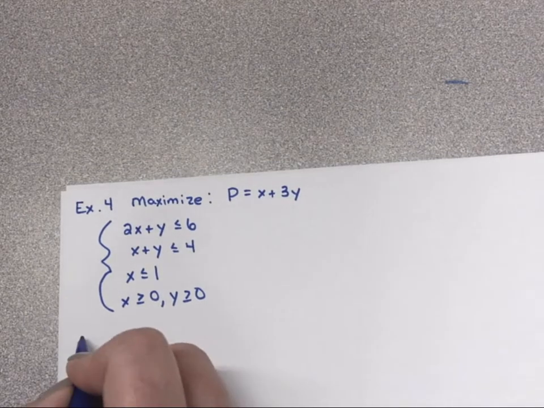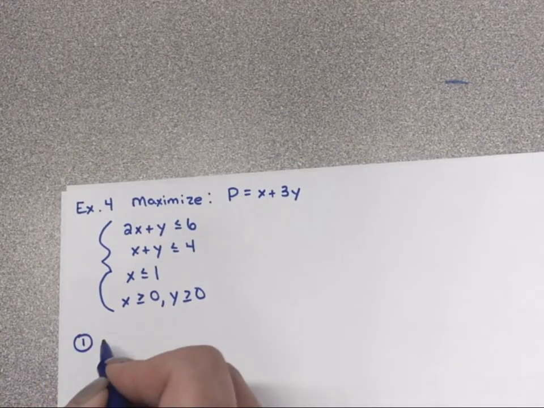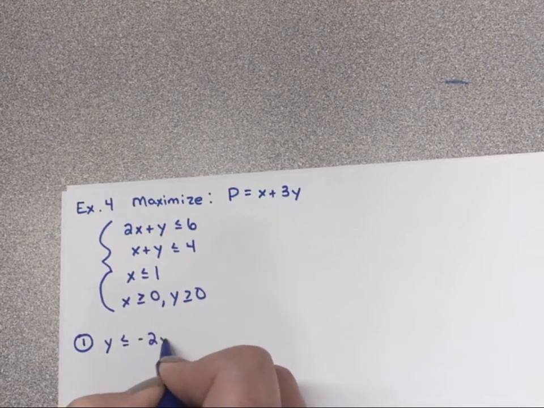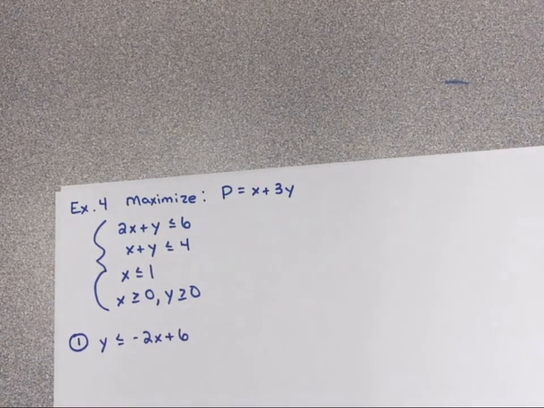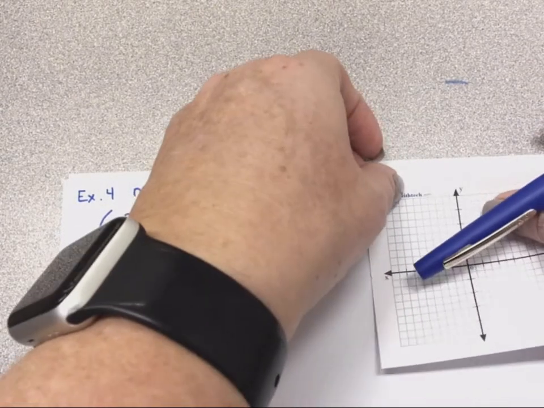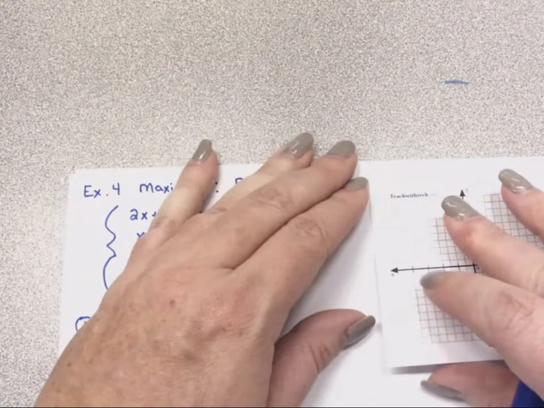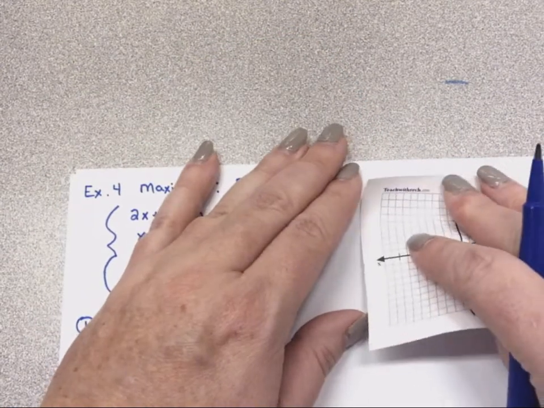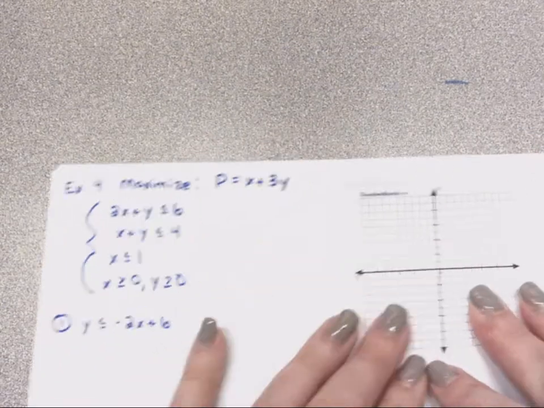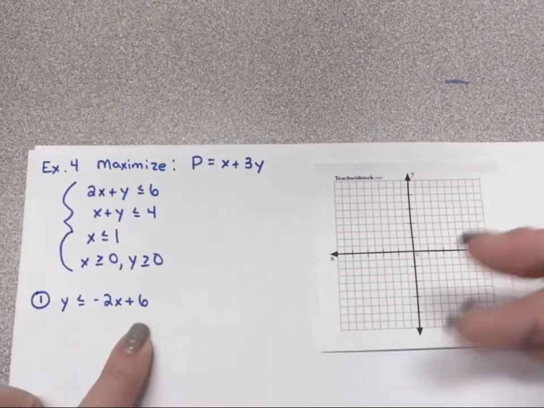So to save some time, I'm going to show you what the two equations look like, and we're going to graph them as we go. The first one would change into y less than or equal to negative 2x plus 6 if you solve for y. So let's graph that one. Trying to make it straight here, but all right, so what is this going to be?